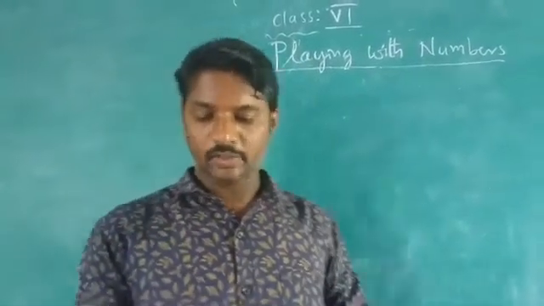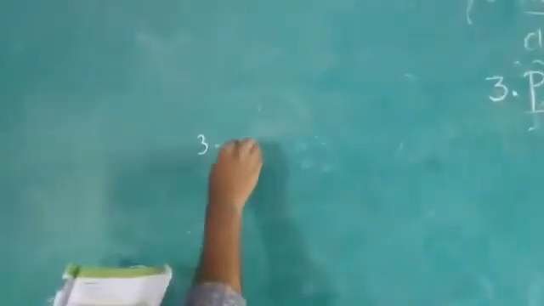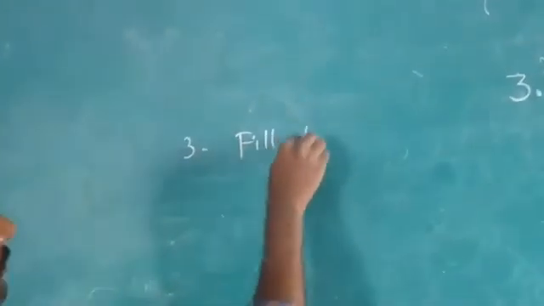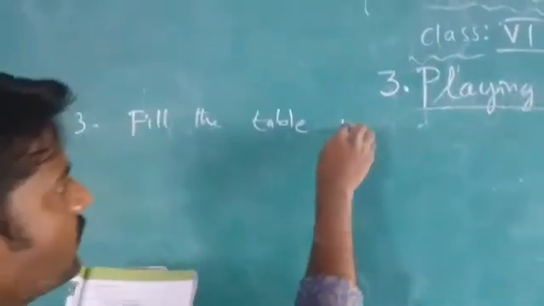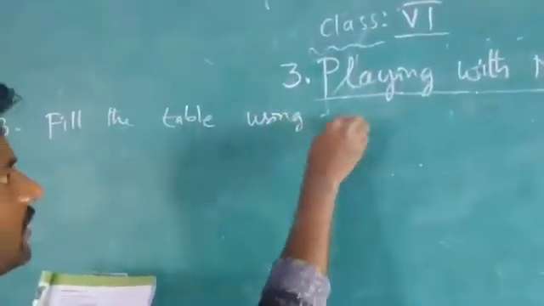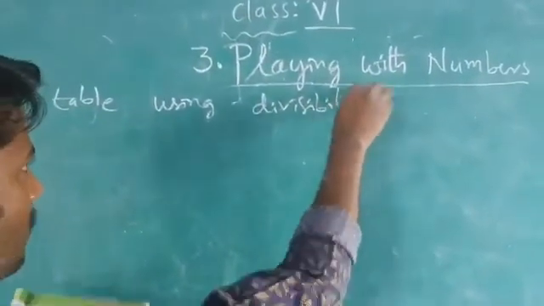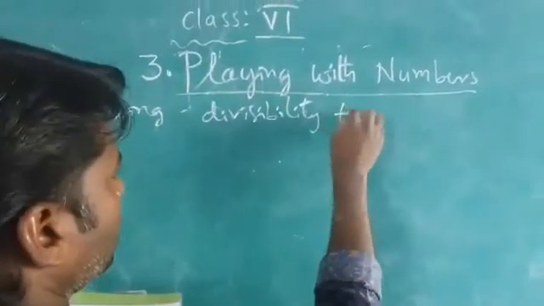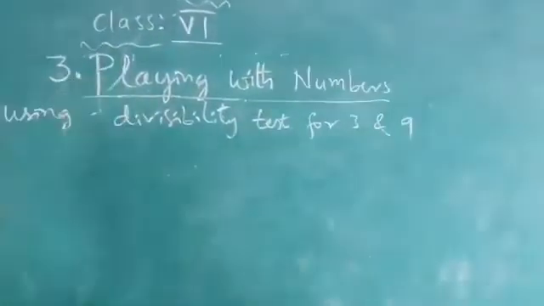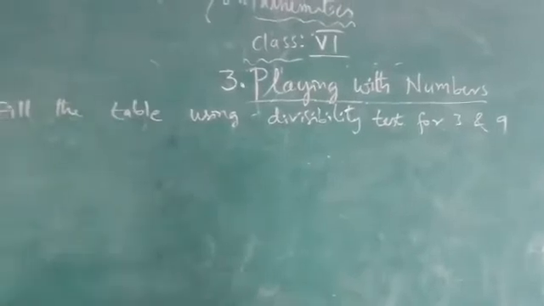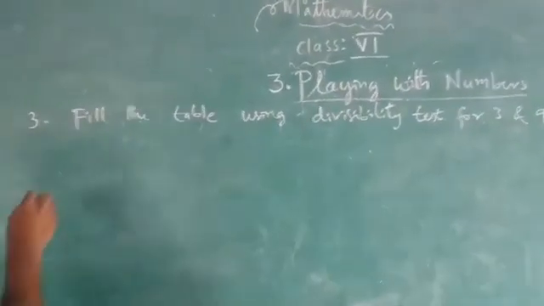Now if you have textbooks, look at page number 31. The question asks: fill the table using the divisibility test or rule for 3 and 9. For both 3 and 9, the process is the same, children: the sum of the digits.